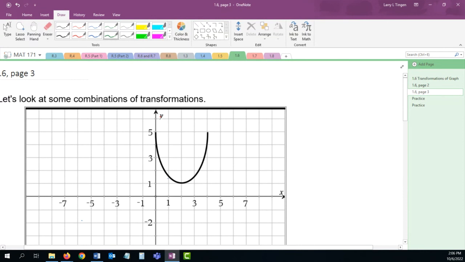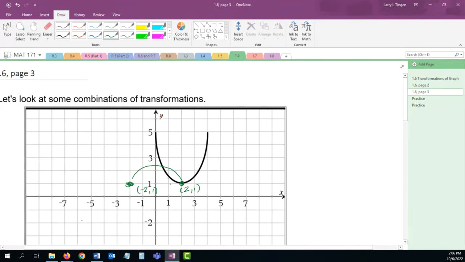The first thing is I'm at the point 2, 1, and I say multiply the inside by -1. So now I was at 2, 1. Multiply that by -1, and I land at -2, 1. Right? That's the flip across the y-axis. All these points just hop over to the other side of the y-axis.